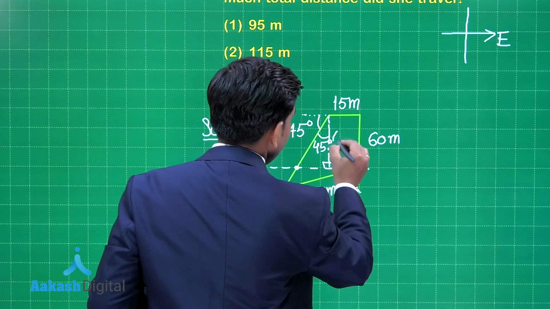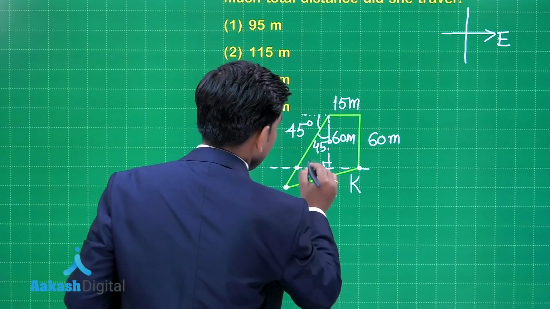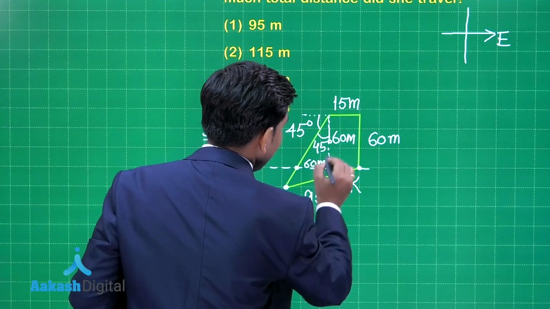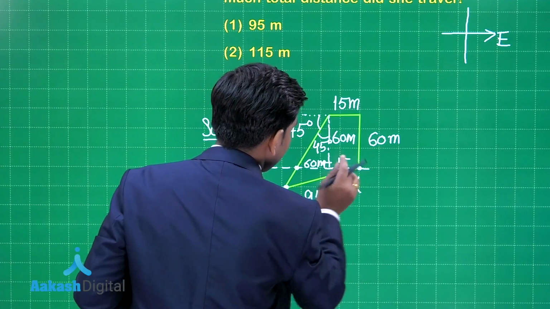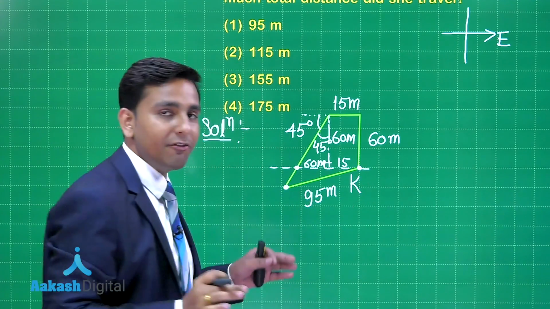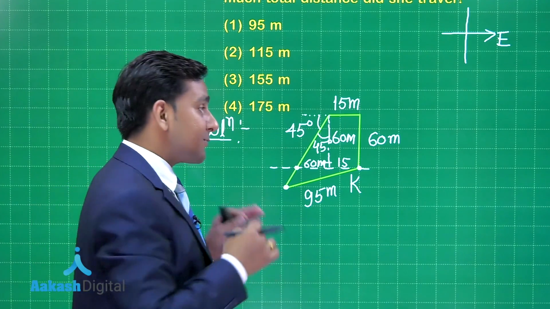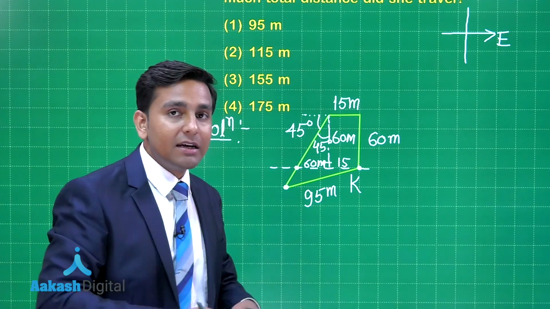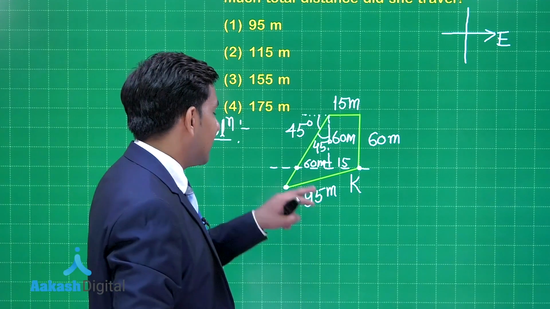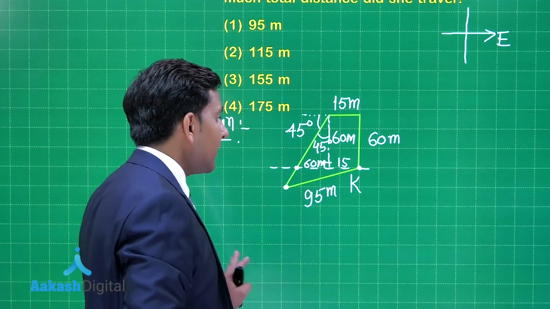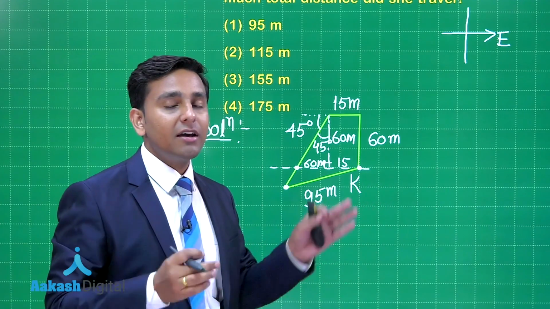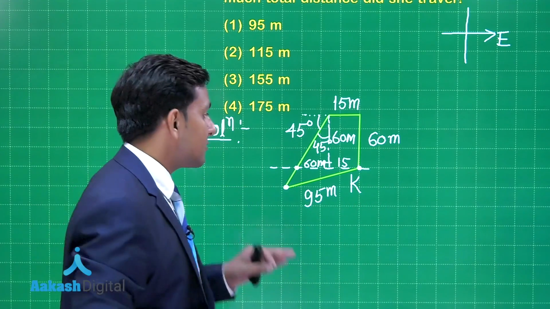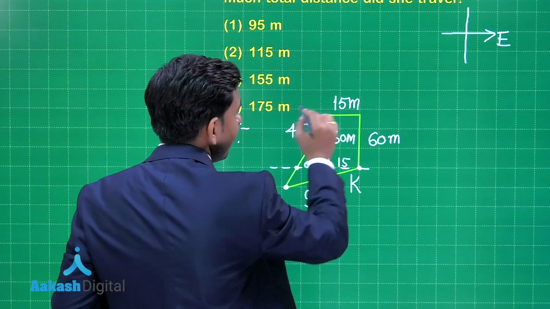So if this is of length 60 meter, this will also be of length 60 meter, and this is 15. So what we are obtaining, the sum total is 75 meter. And as per the given question, the total displacement is 95 meter. That means the distance from her final position to her initial position is 95 meter. So that's why this is the appropriate diagram.